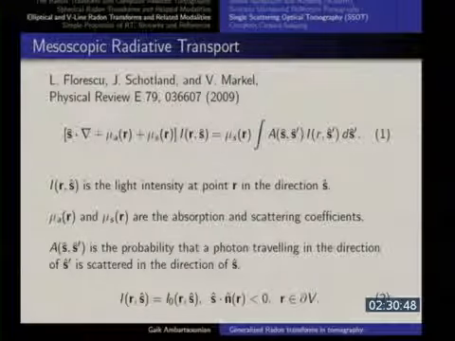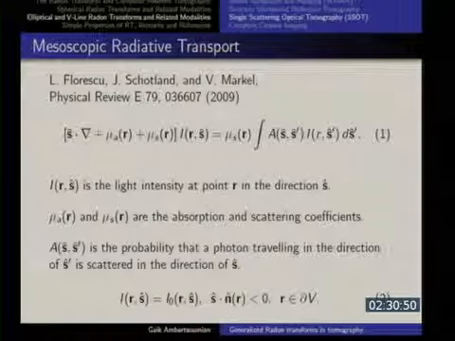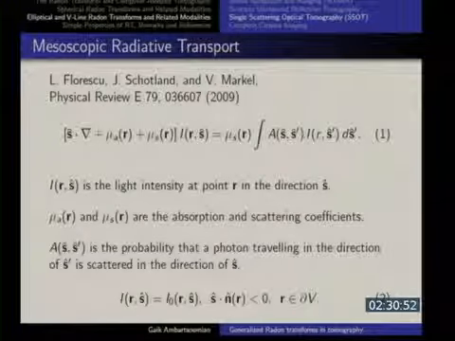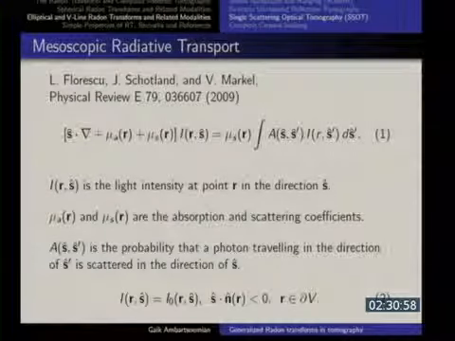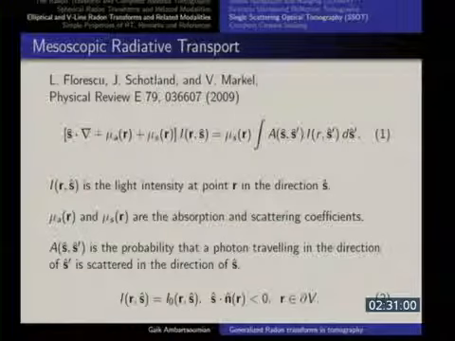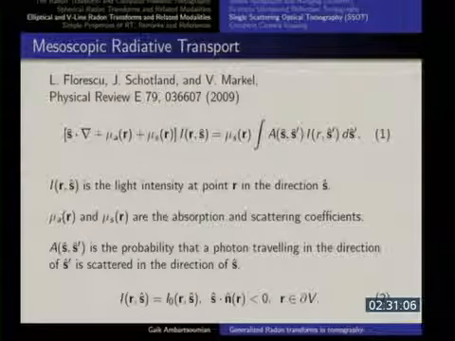This radiative transport equation is just about the balance. So it says that the intensity at location R and S is lost in the following way. This much is lost to scattering. So the intensity depends again on the location and direction. This much is scattered.